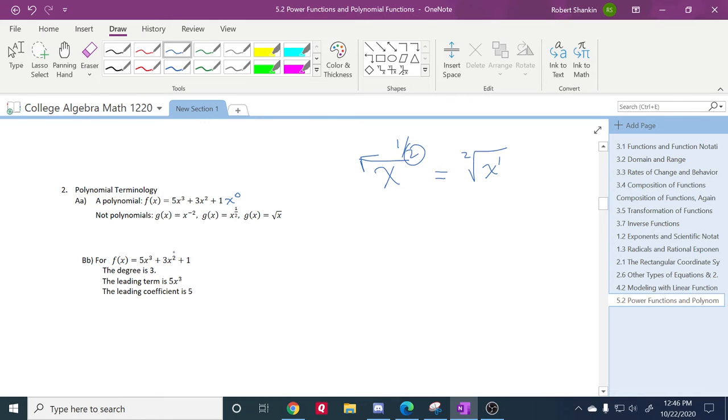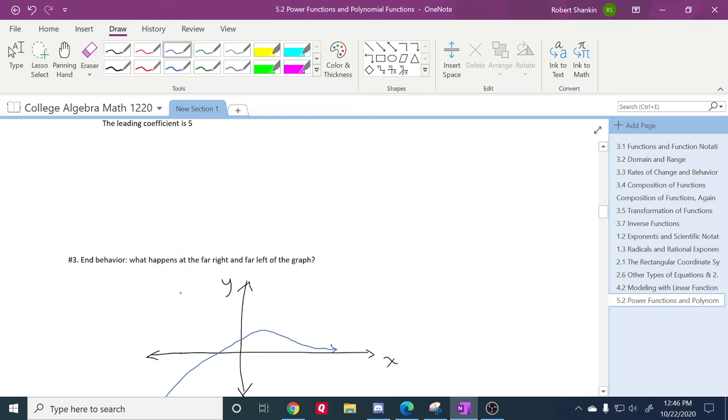It doesn't have to be ordered that way, but when it is, it's easy to find the leading term. It's the first term. And then the leading coefficient is the number in front of the variable. So the leading coefficient is 5. Any questions on basic terminology for polynomials?